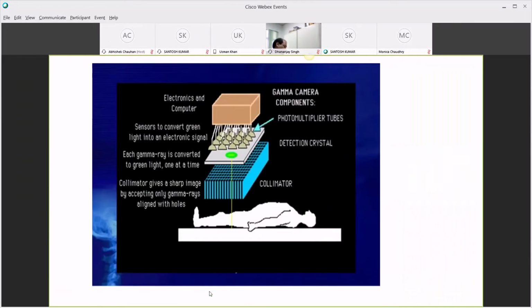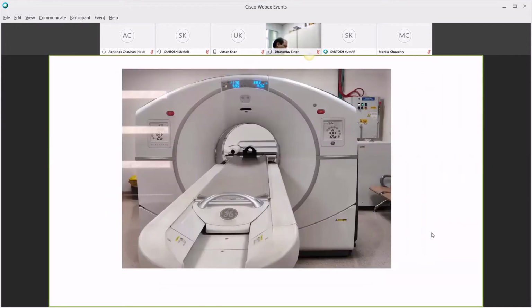And this is just an animation already explained. And this is the normal PET CT scanner look-alike. It just looks like the CT scanner. In the front, there is a CT, and in the back side, there is the PET scanner.